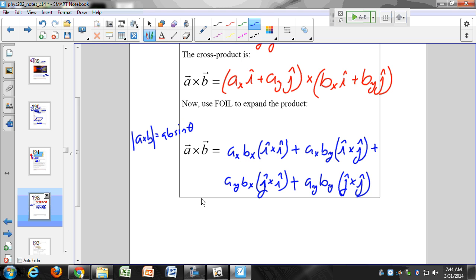Right, because for I cross I, this angle theta is 0, and the sine of theta is 0. We're taking the product of two perpendicular vectors, and I cross I are two parallel vectors, and so their cross product is 0. So I can get rid of two terms here. I cross I equals 0, and J cross J also equals 0. So I'm just left with AX BY I cross J.